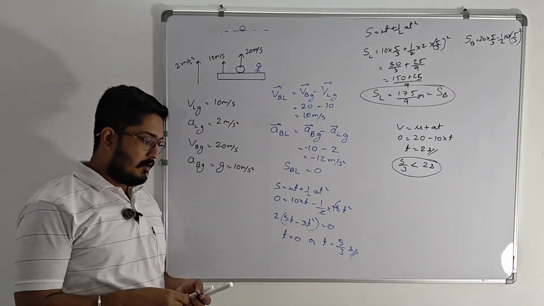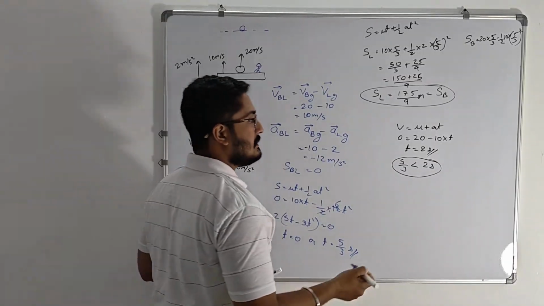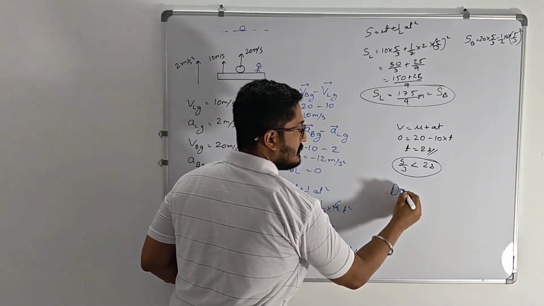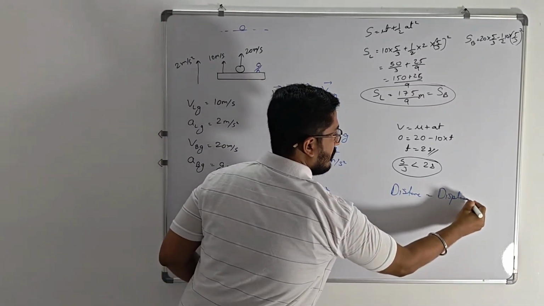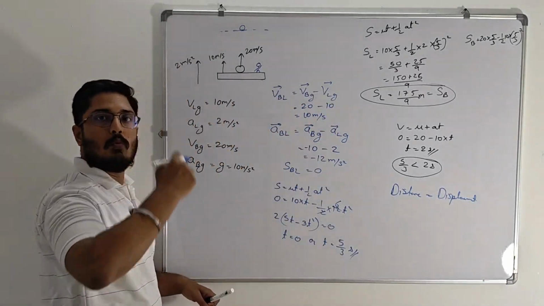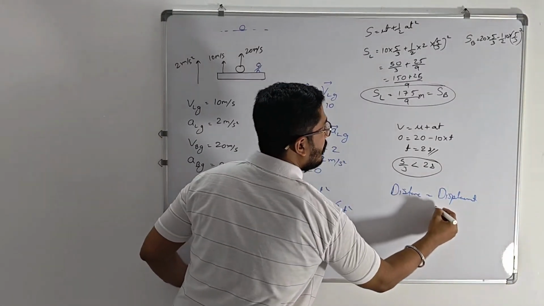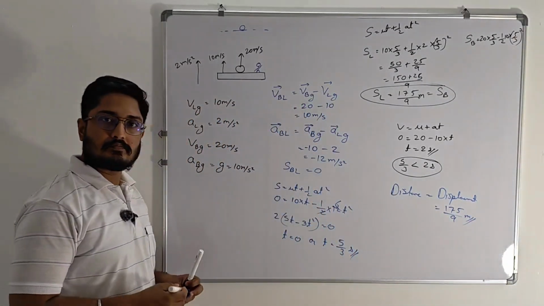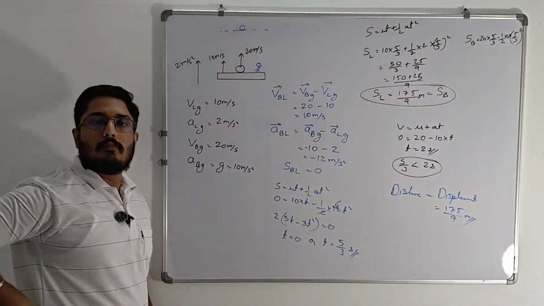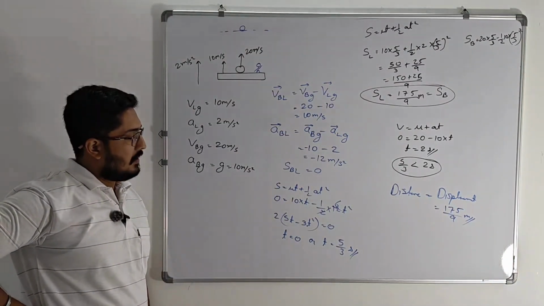If that is the case, I don't need to calculate displacement and distance separately. I can just say distance will be equal to displacement, because the body is moving in one direction only, and my answer would be 175 by 9 meters. Same answer. I hope you are clear with this.